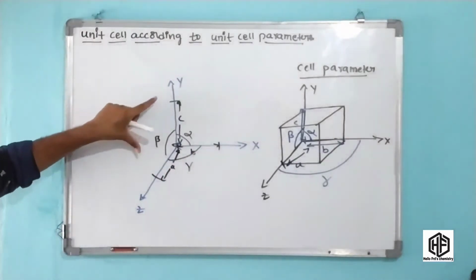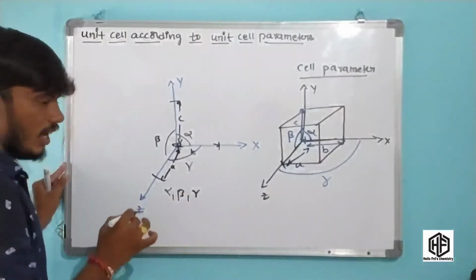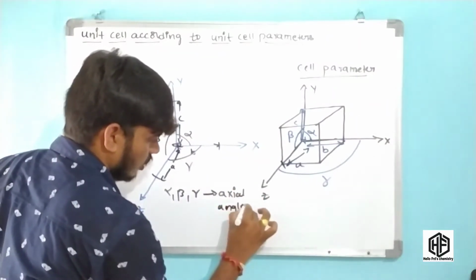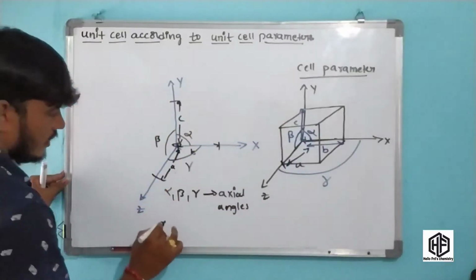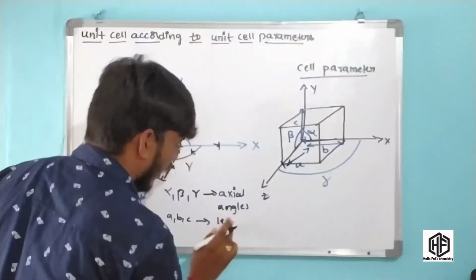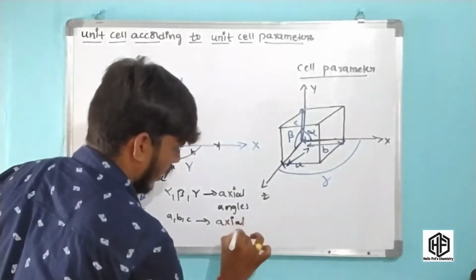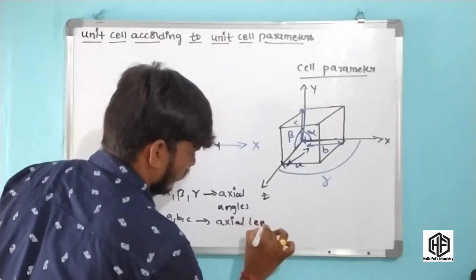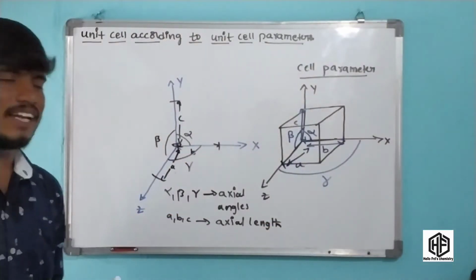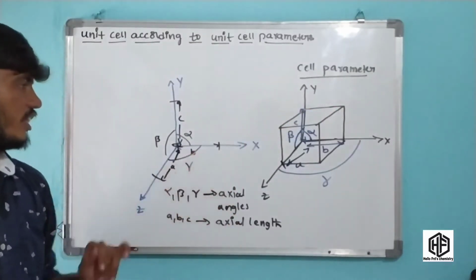Okay, friends, in this representation, alpha, beta, gamma are the axial angles of the unit cell, and a, b, c are the intercepts, meaning the axial lengths of the unit cell.